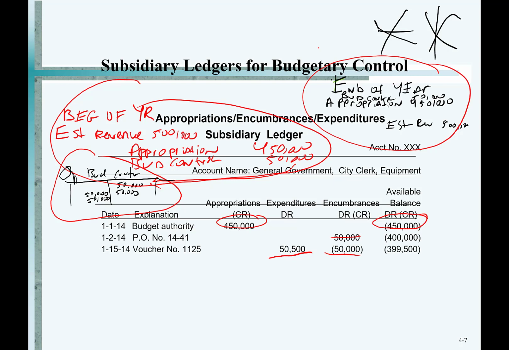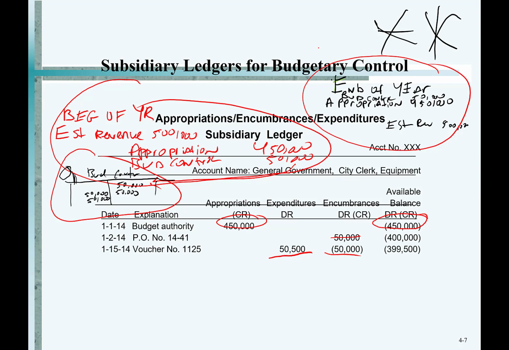Right? When the goods came in, I reversed this, didn't I? So I would have debited budget control for $50,000. I credit encumbrance for $50,000. When I credit encumbrance for $50,000, is this zero now?